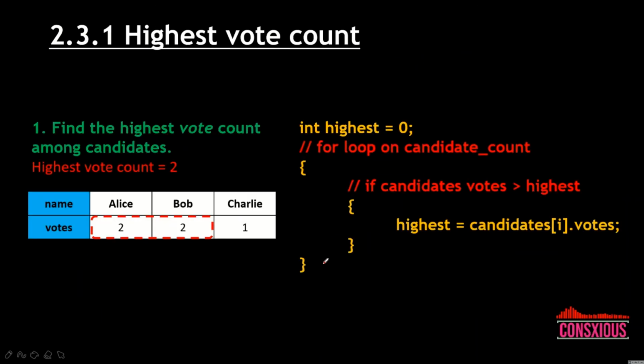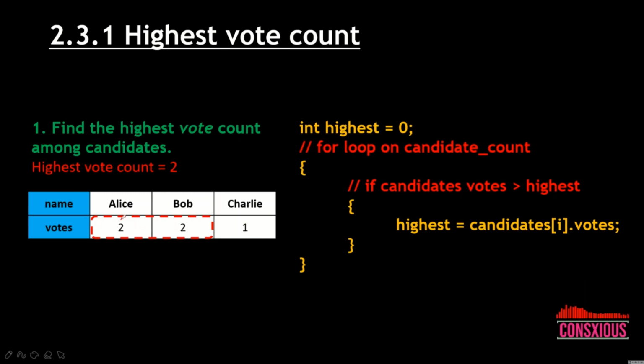Alright, so we go through one by one. How can we find the highest vote count among these 3 candidates? We can use a variable. We declare an integer highest equal to 0. We use this to compare whether this one is higher or this one.